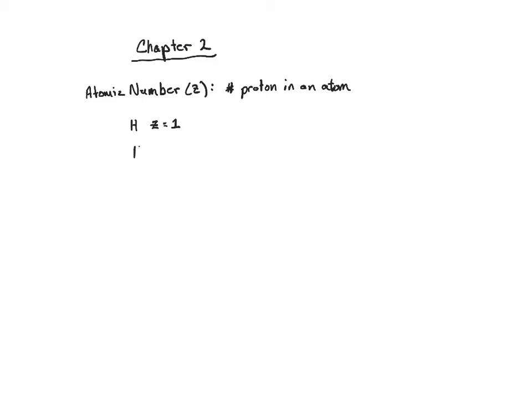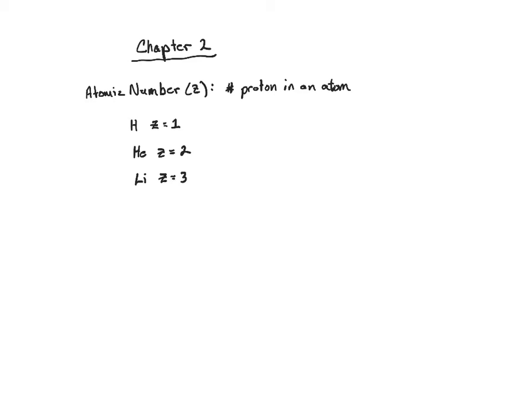For helium, the atomic number is equal to 2. Lithium, it's equal to 3. Every single element from 1 all the way up to 118 has its own unique number of protons.